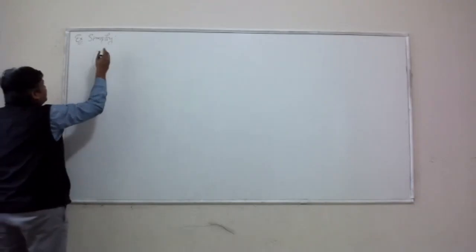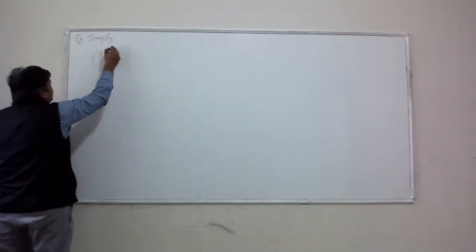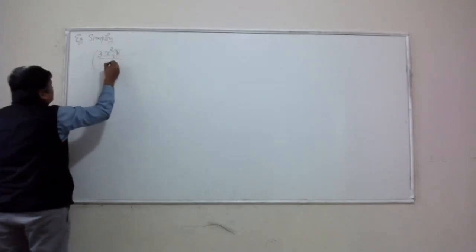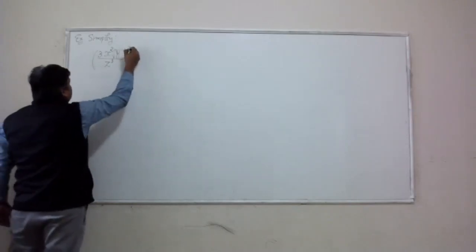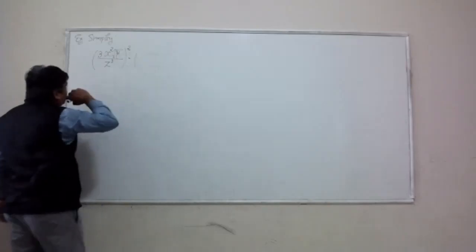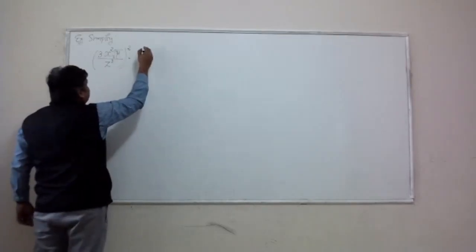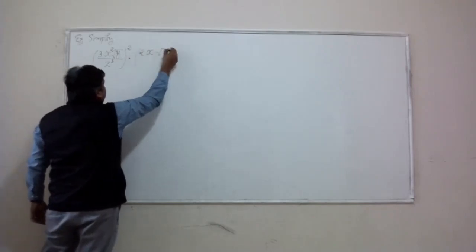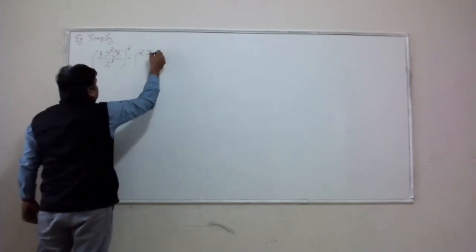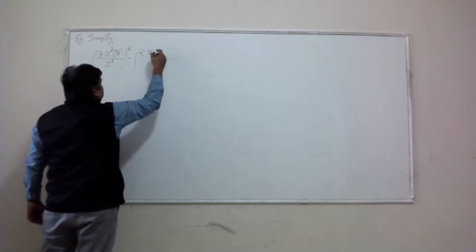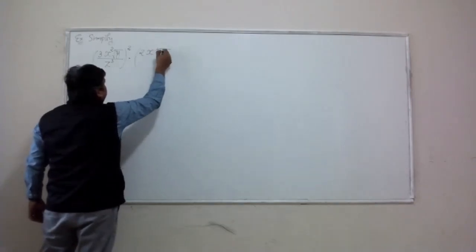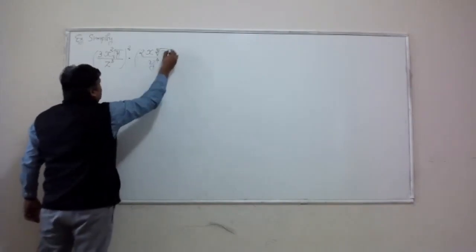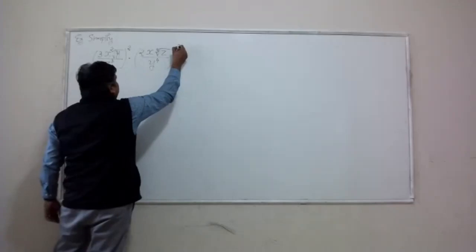this expression. We have 3x squared square root of y over z cube to the power 2 multiplied by 2x times cube root of z over y to the power 4, entire thing to the -3.